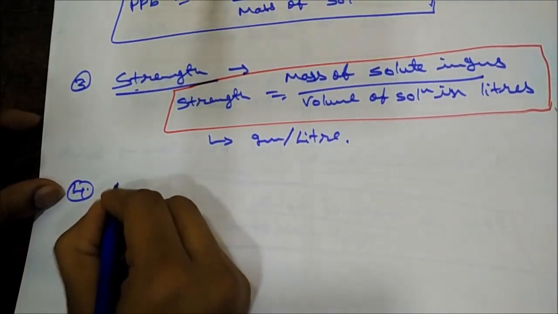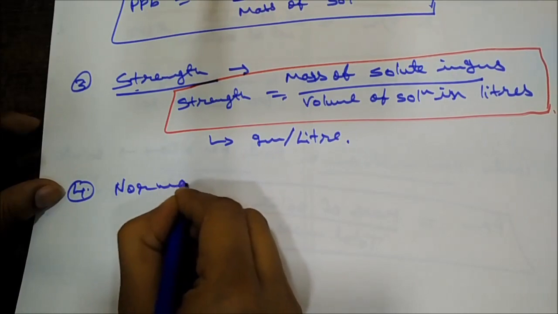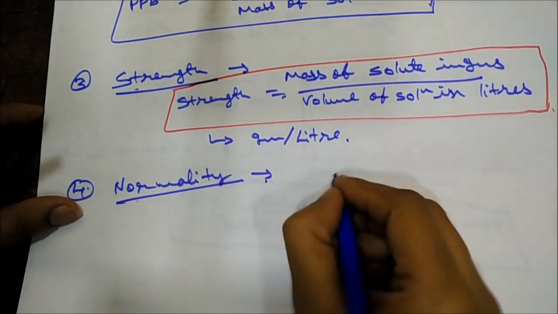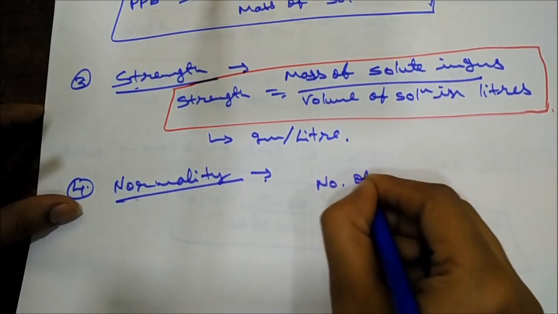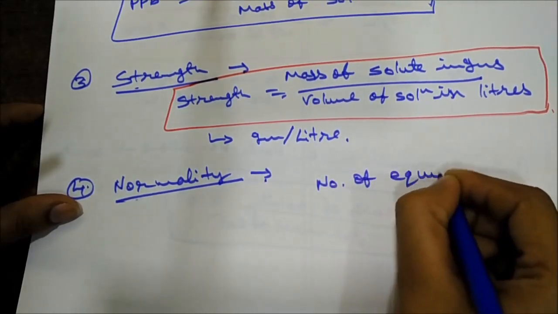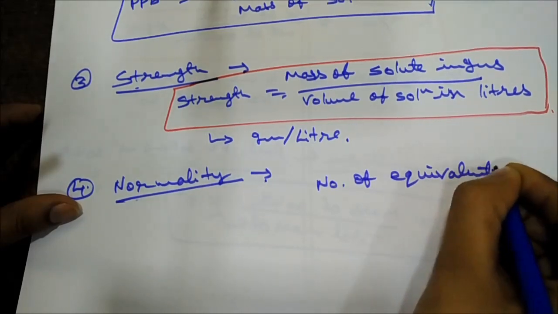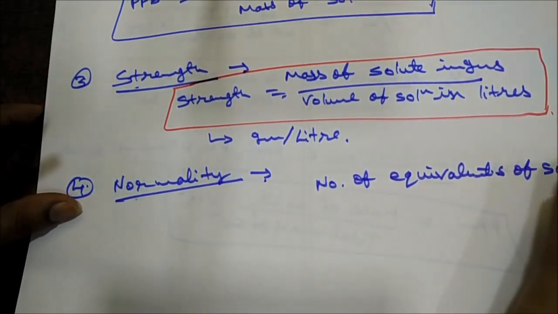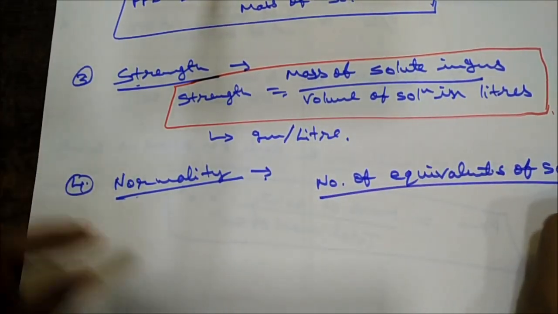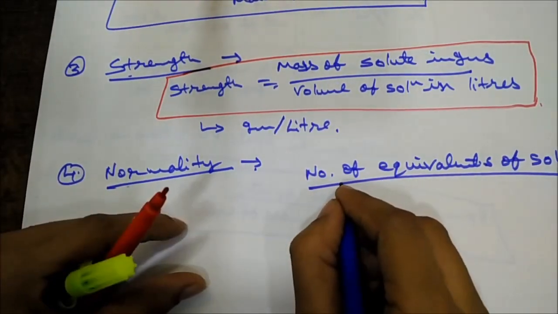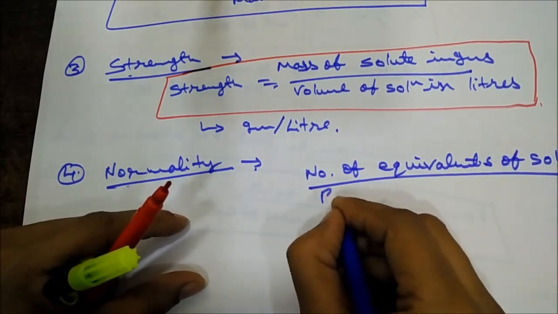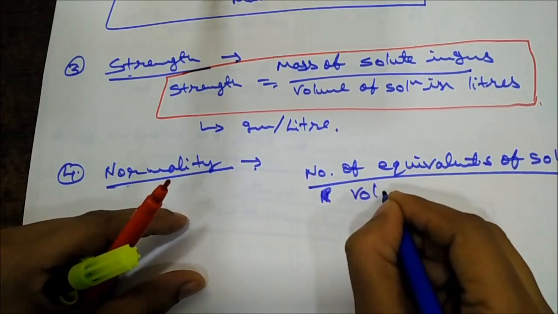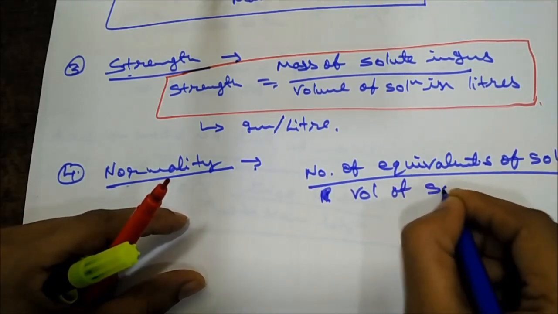The next one is normality. Normality is the number of equivalents of solute present per liter of solution, that is volume of solution.